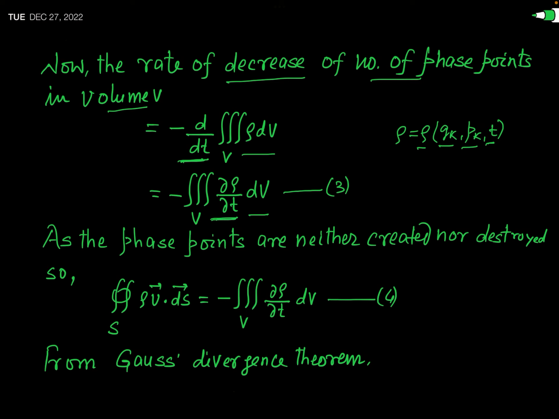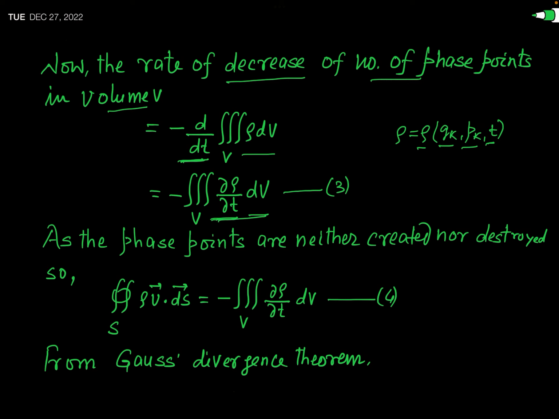Okay, so this is the rate of decrease of the number of phase points inside the volume V, and you have obtained that the rate of flow of phase points in the outward direction is the integral over S of rho v dot dS.